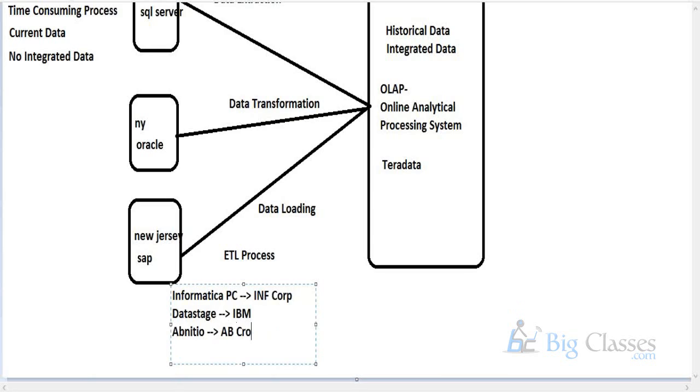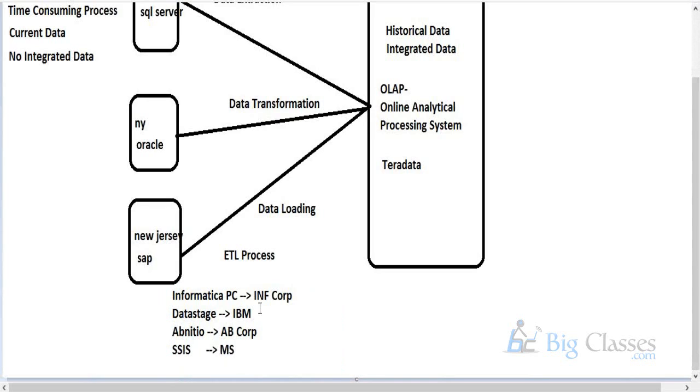And we have SSIS, SQL Server Integration Services, which is from Microsoft. So these are all the ETL tools that we have in the market, which have the capability of getting the data from multiple OLTPs, transforming the data, and loading the data into the data warehouse.